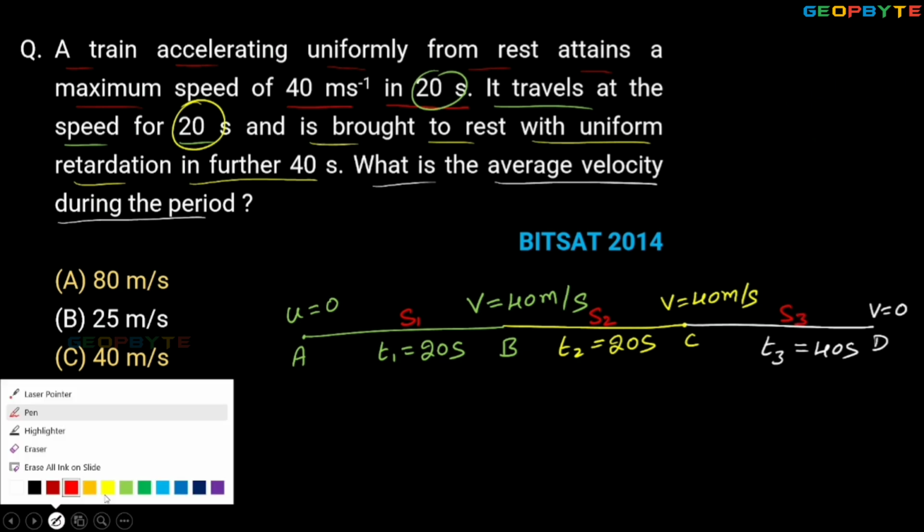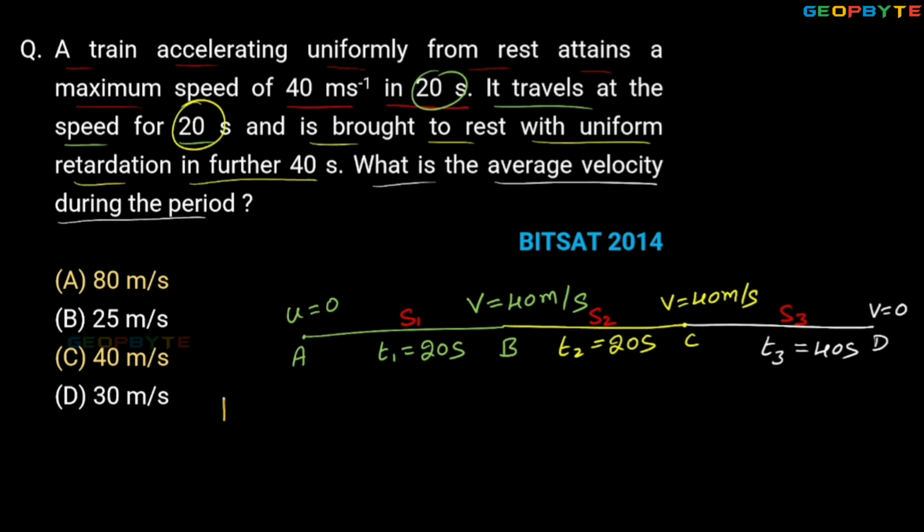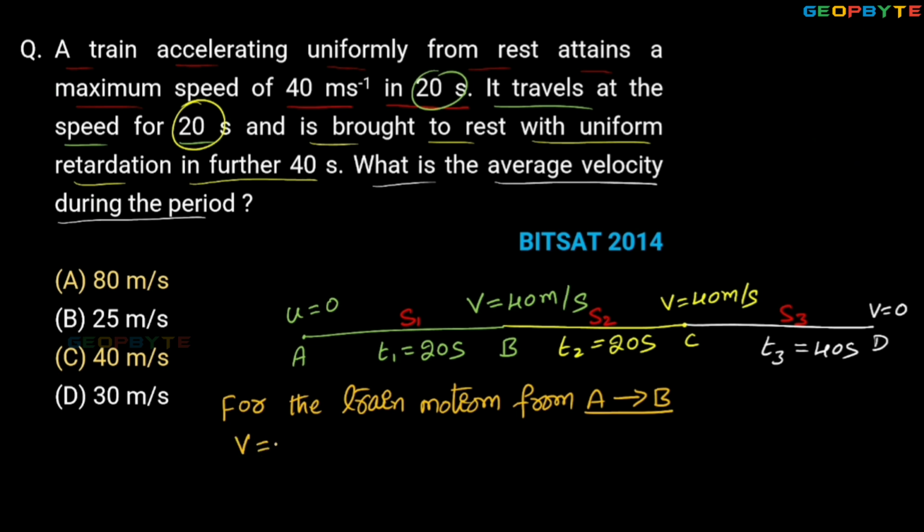For the train motion from A to B, it can be written v equal to u plus at.